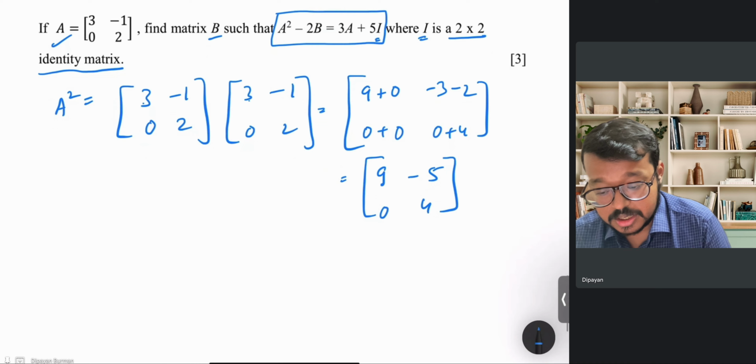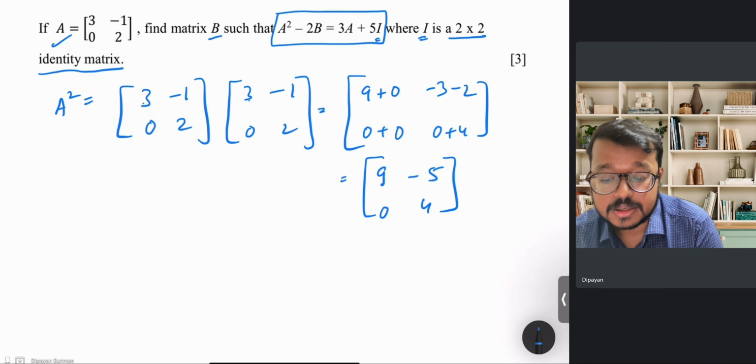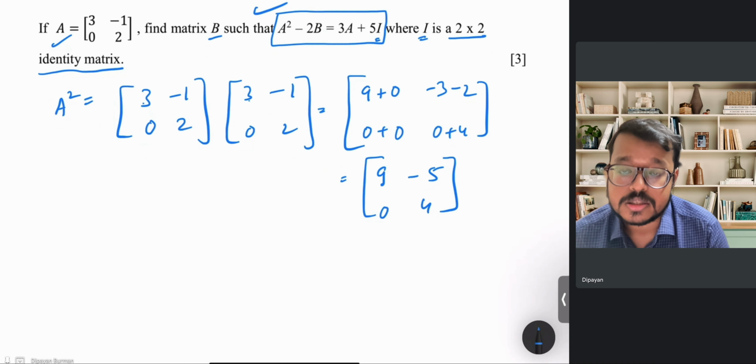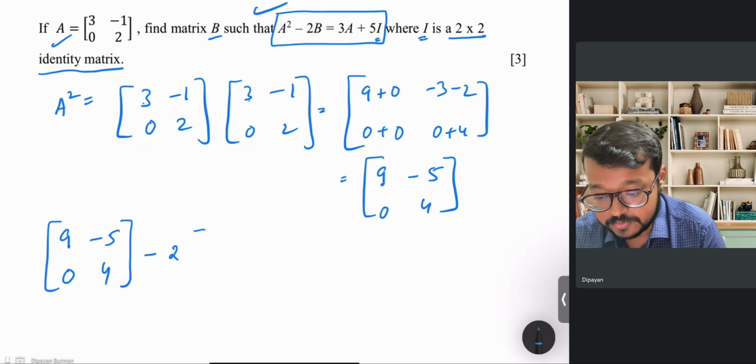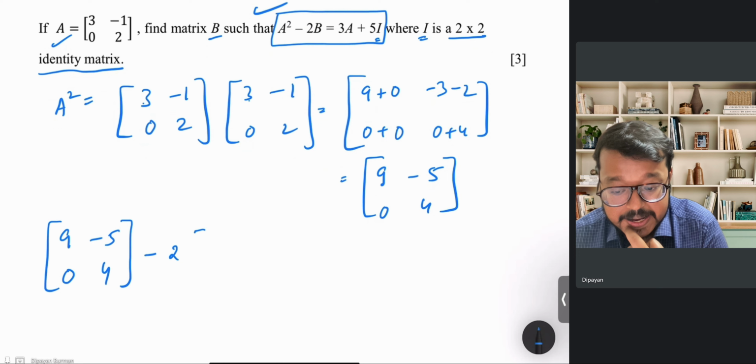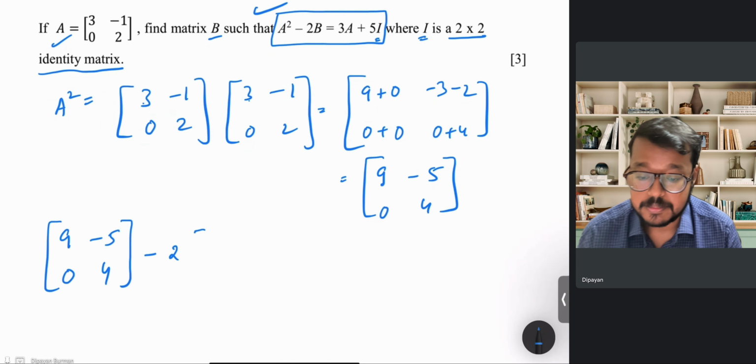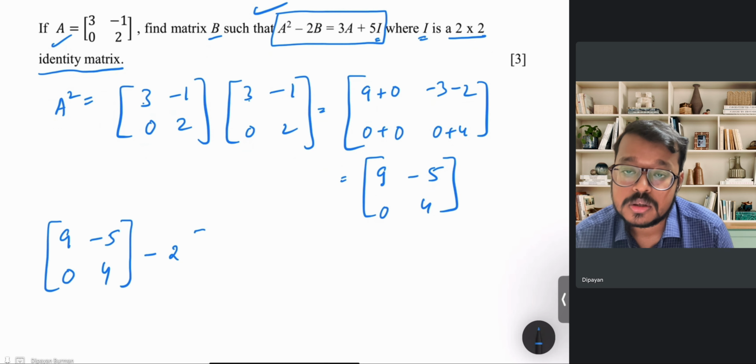So now let me take this equation which is given. So A square matrix is 9 minus 5, 0, 4, minus 2 times the B matrix. B is not known.